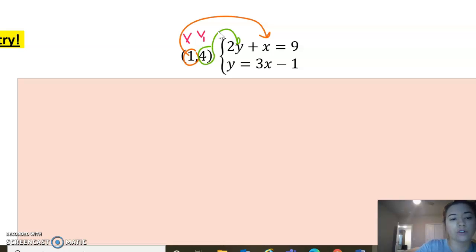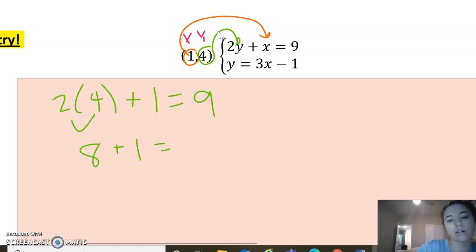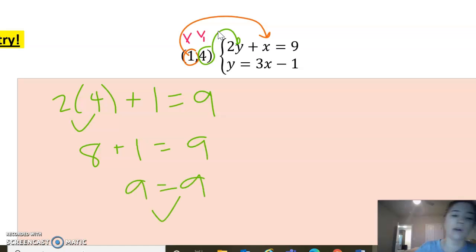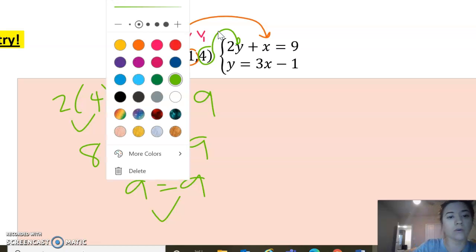So we now have 2 times y, which is 4, plus x, which is 1, equals 9. We get 8 plus 1 equals 9. So that gives us 9 equals 9. So that one's good.